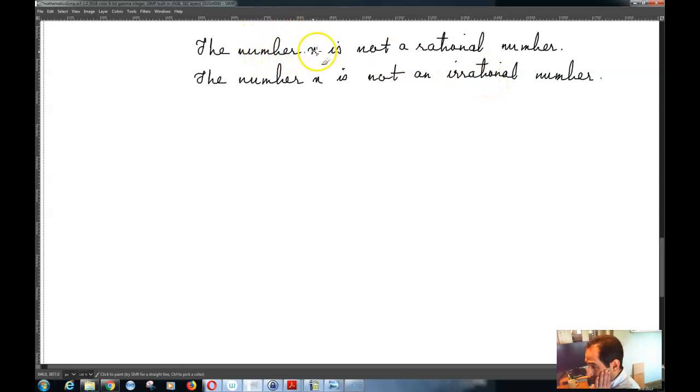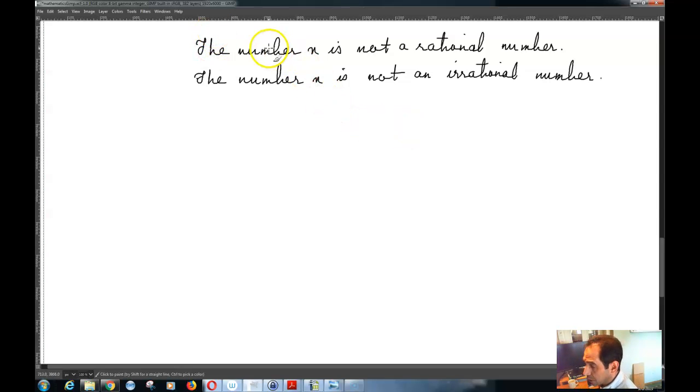So when I say the number x is not a rational number, it's simply that x is not a rational number. When it's not a rational number, of course it could be an irrational number. So the second statement is not the right negation of the first statement.